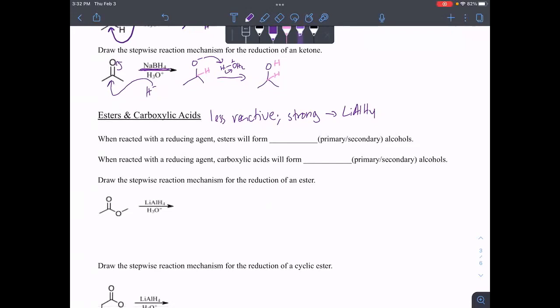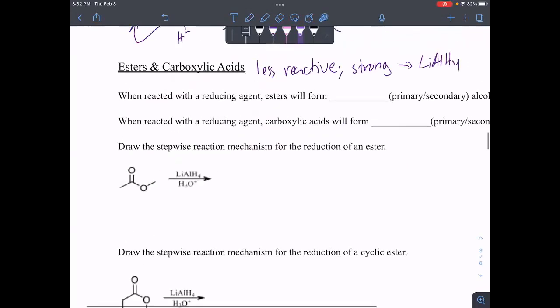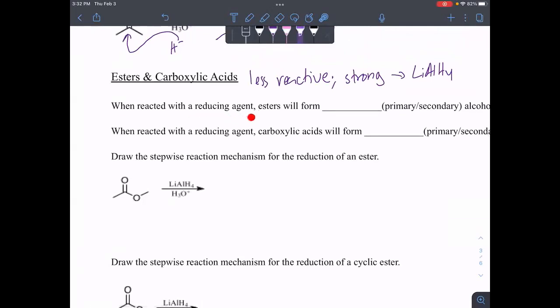Okay, and since we have a leaving group, we're basically just gonna think about it like an aldehyde. So there's two R groups that are technically attached to the ester, but since one of them is gonna leave, only one R group is retained. So when we react an ester or a carboxylic acid with a reducing agent, since half of it leaves, we can go all the way down to a primary alcohol.